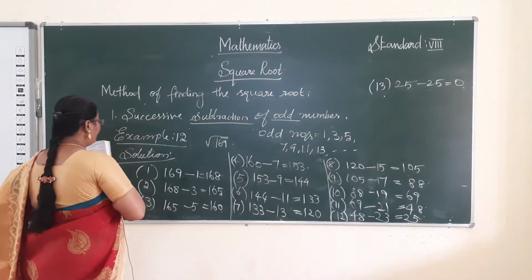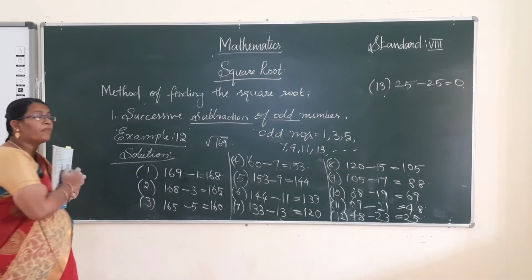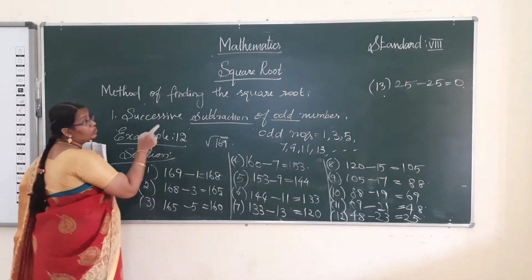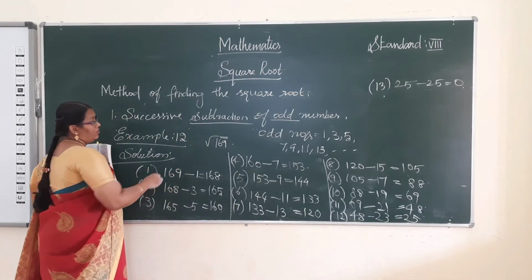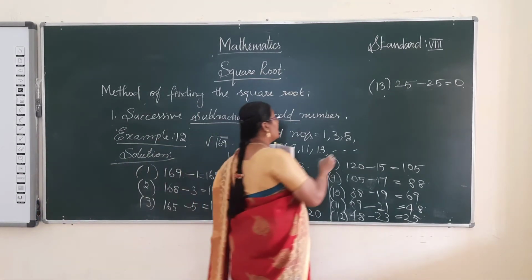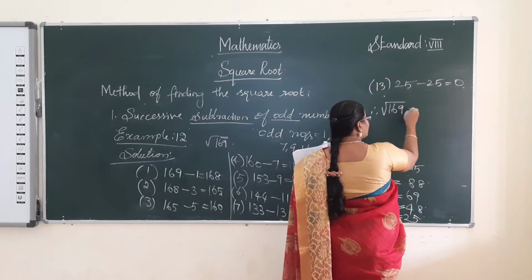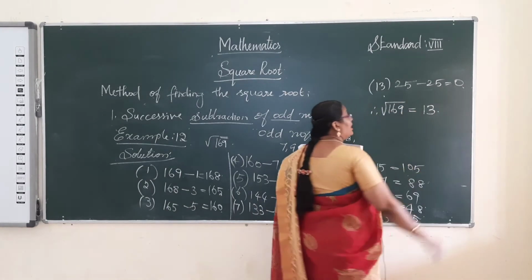So how many times did we do successive subtraction of odd numbers? 13 times. Therefore the square root of 169 is equal to 13.